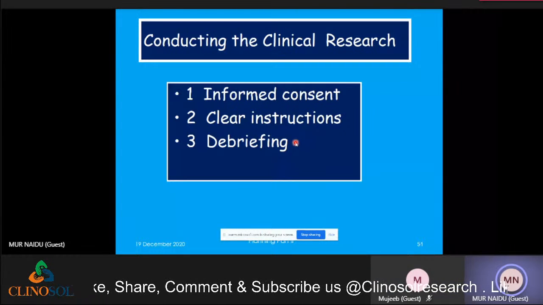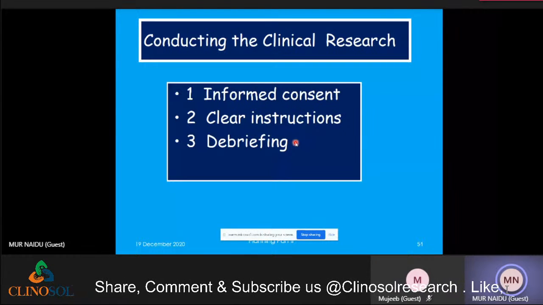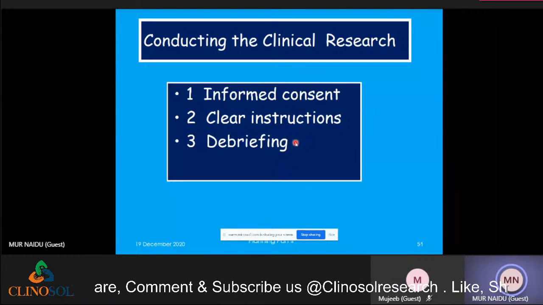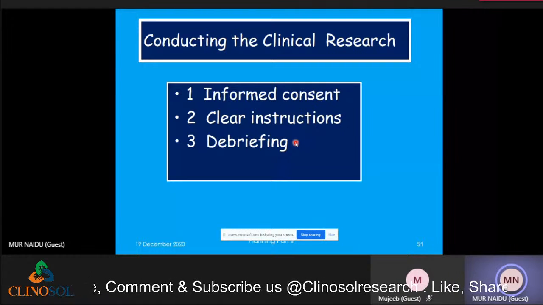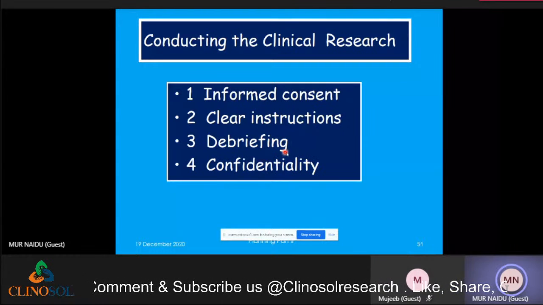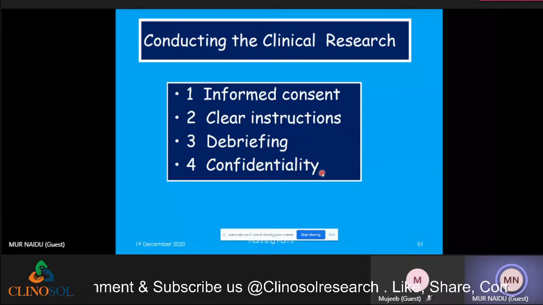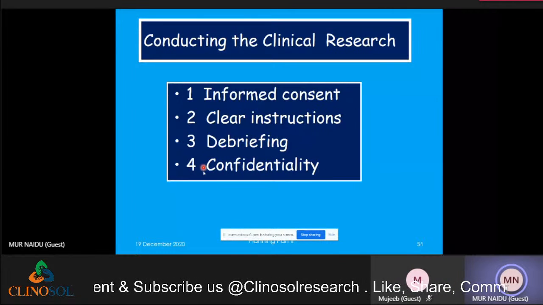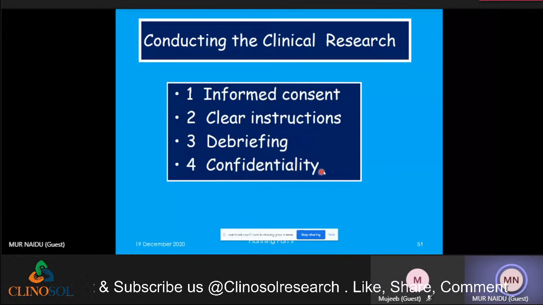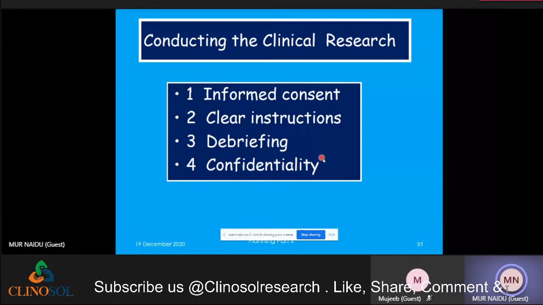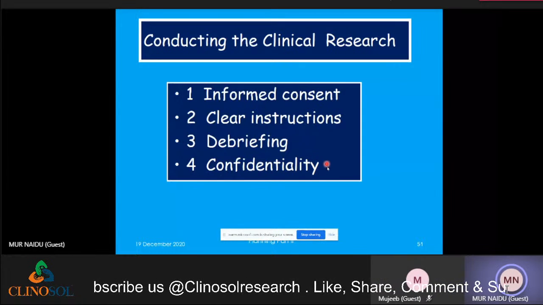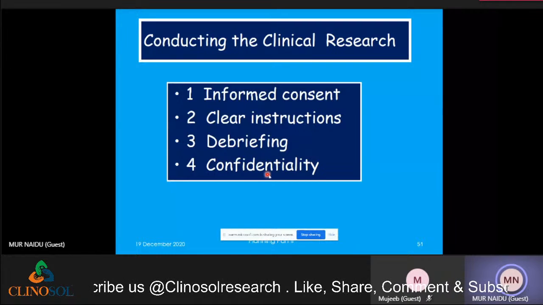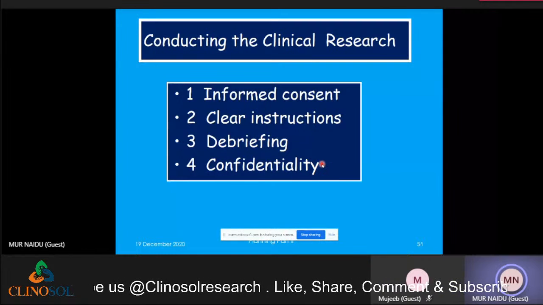Not only the team people, even the participants should be briefed perfectly, especially about ADR monitoring. And the last is confidentiality. Only people who are allowed by regulation should look into the data or the protocol part, because confidentiality is very important.